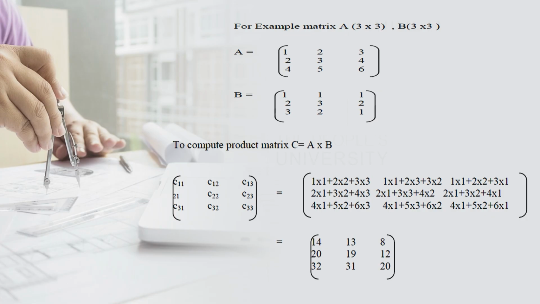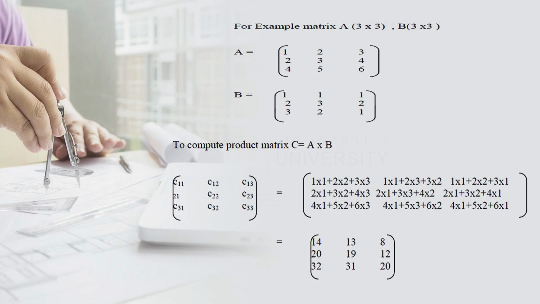We multiply each element correspondingly: A00 is multiplied with B00, A01 with B10, and A02 with B20, that is 1 into 1, 2 into 2, 3 into 3, and that value will be 14. Again, A00, A01, A02 will be multiplied with B10, B11 and B12, and you can get the value of 13.